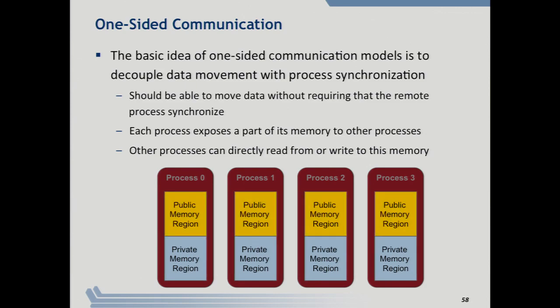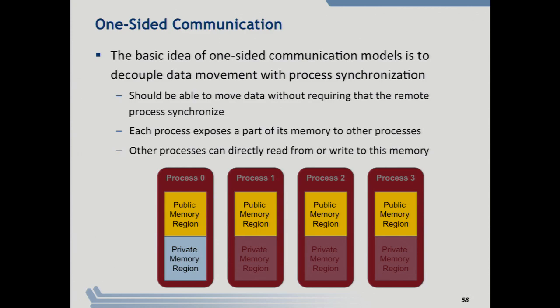Okay, so we might define this public memory region, and it may be of different sizes and in different places on each node, or it might be in similar places or the same size on each node. That way, this process here can access the public memory of these other processes, and the source of that data or the destination of the data that it gets from other processes could be in the public memory region, or it could also be in this private memory region. So again, it's one-sided.